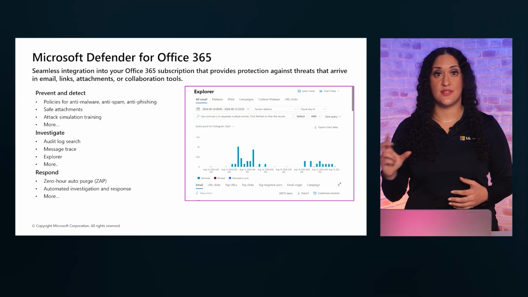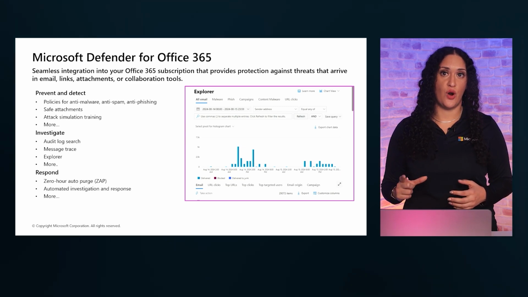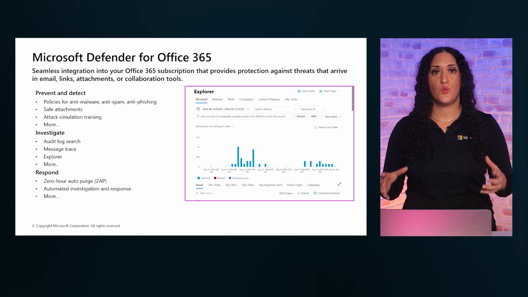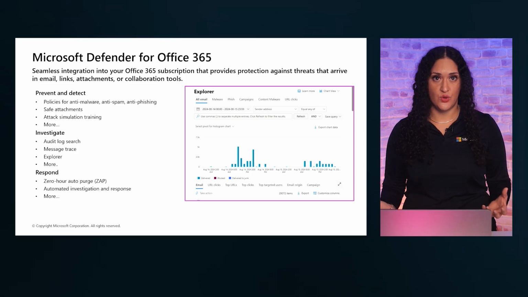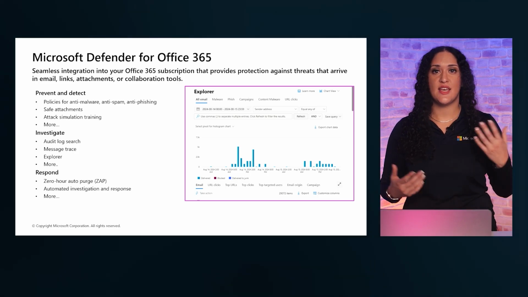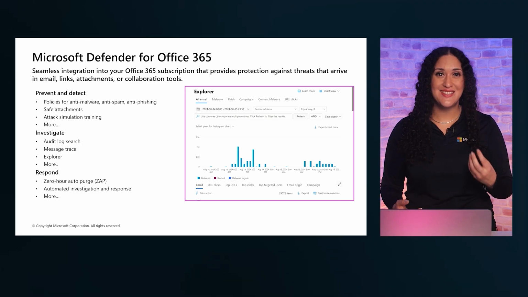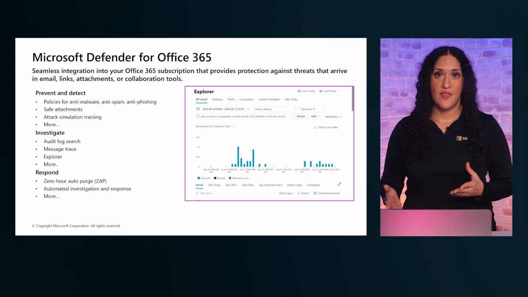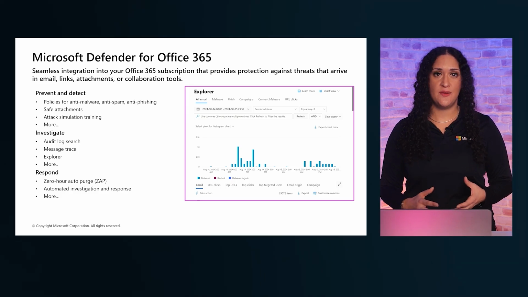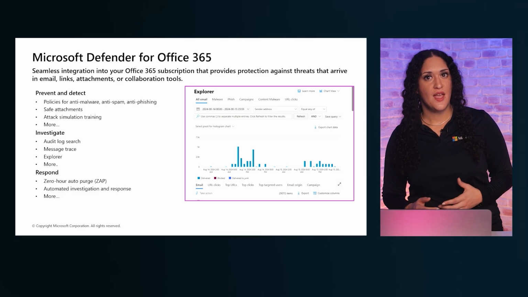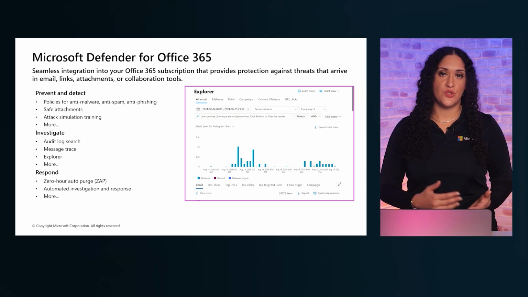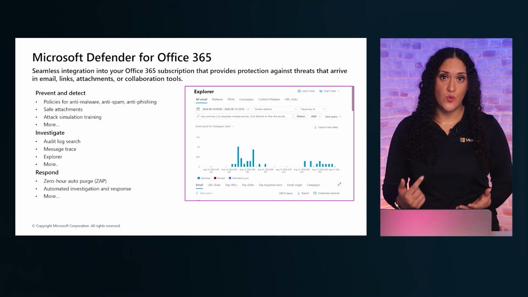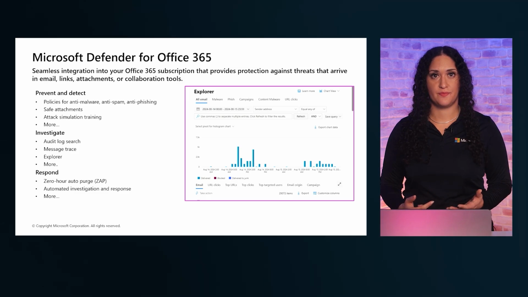And these are just a subset of the features in Defender for Office 365. It works by combining preventative controls, such as anti-phishing, anti-malware, and safe attachments, with powerful detection capabilities that surface suspicious activity in near real time. This helps organizations stop threats early before the user can interact with that harmful content.